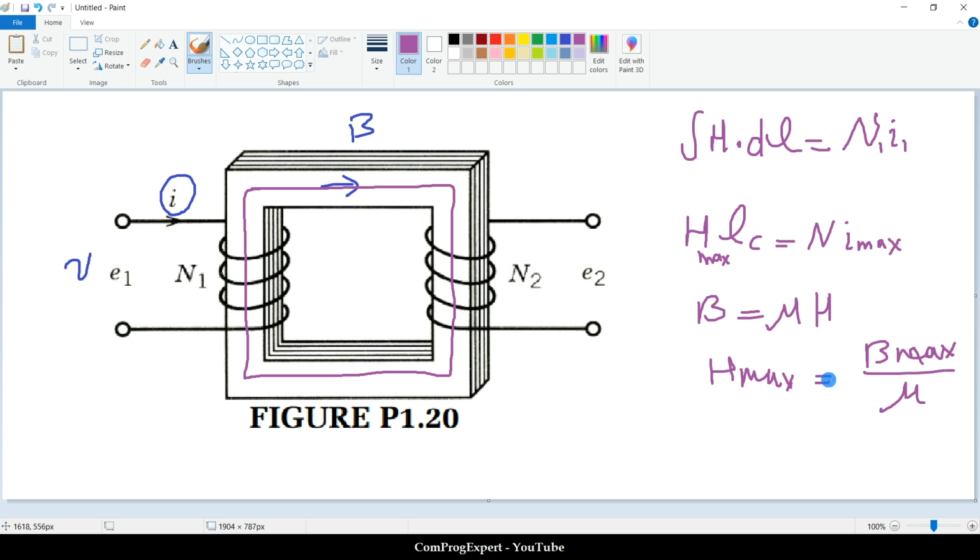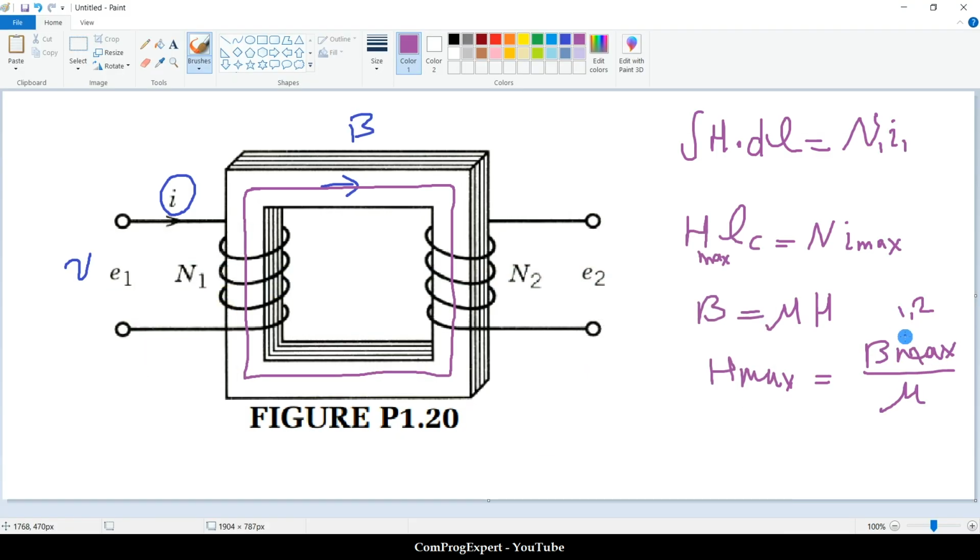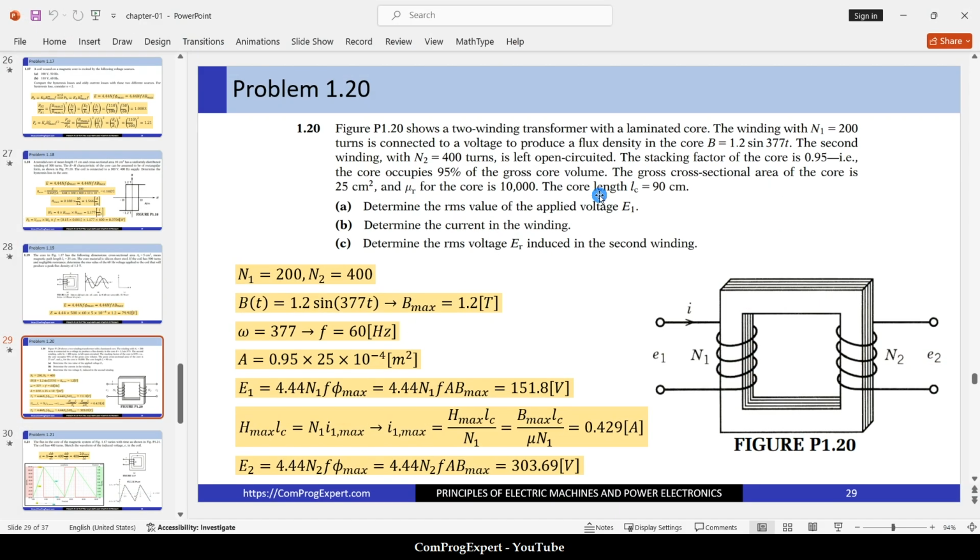So we have B max, that is 1.2 Tesla. We have the magnetic permeability, that is 10,000. We can calculate H max, and the mean length is given here, 90 centimeter. So we can calculate I max, the maximum value of the current.